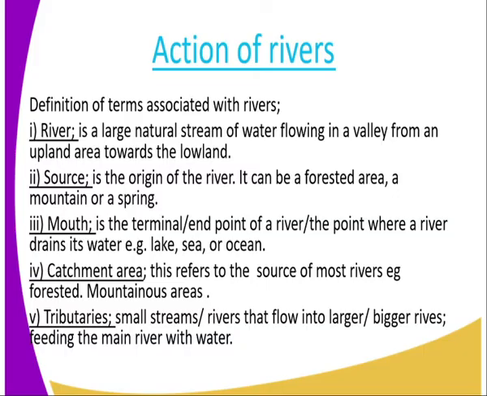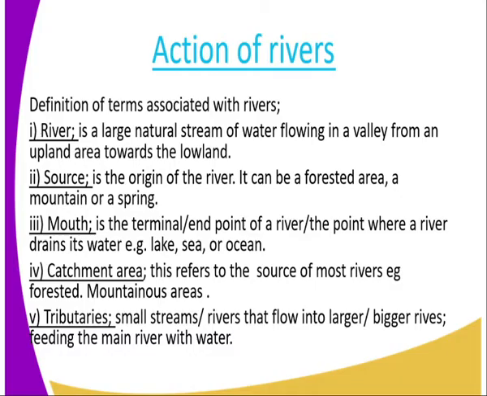At number 5, we look at what are tributaries. Tributaries are small streams, small rivers that flow into larger or bigger rivers, feeding the main rivers, those that feed the main river with water. That is what we refer to as tributaries.